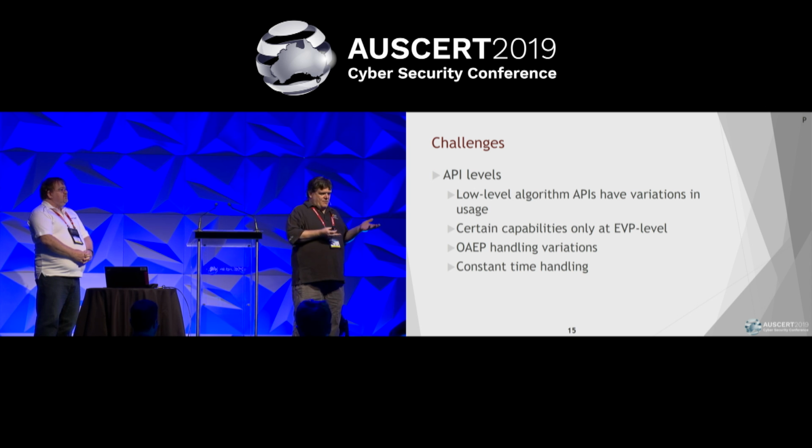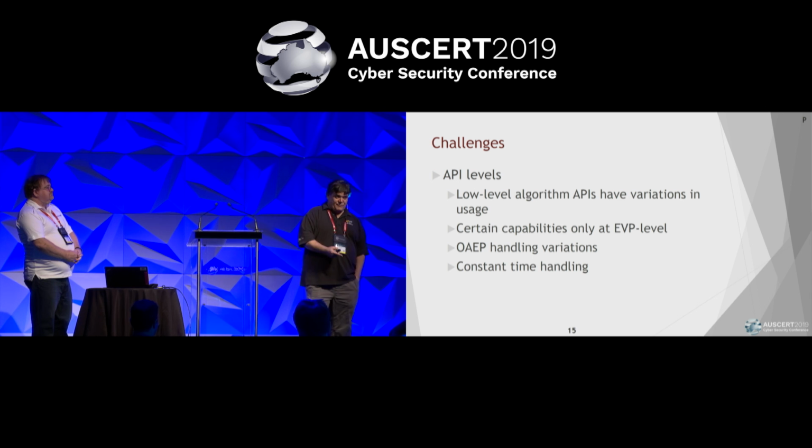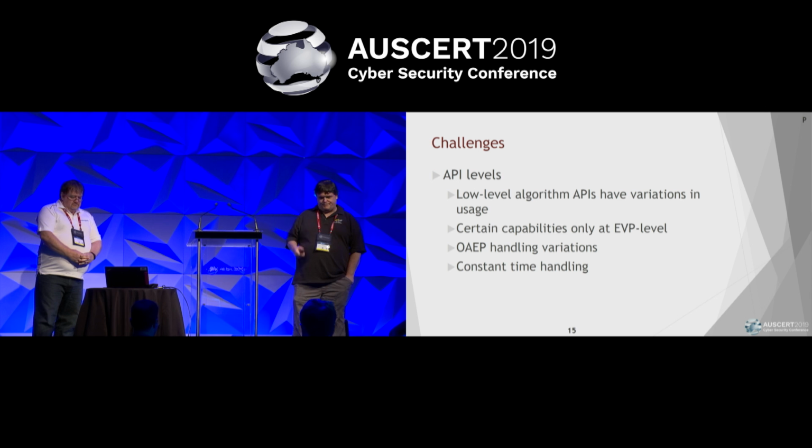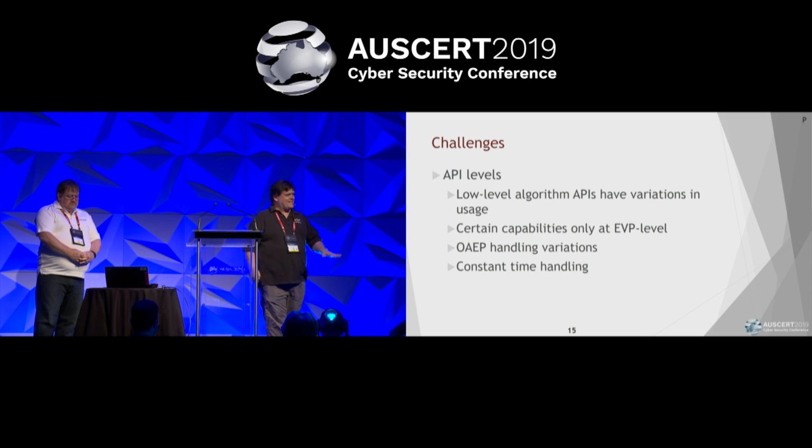Some capabilities are only available at the higher level API. Some are only available at the low level API. So there's a real mix and match of where things are done and how they can be done. So, we have a mess in the APIs.